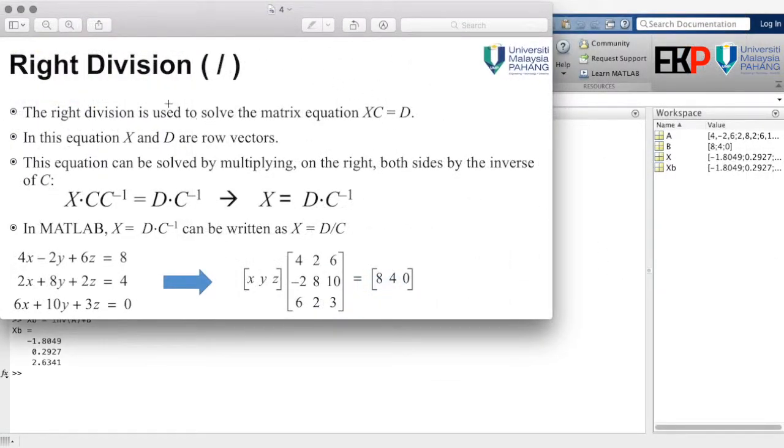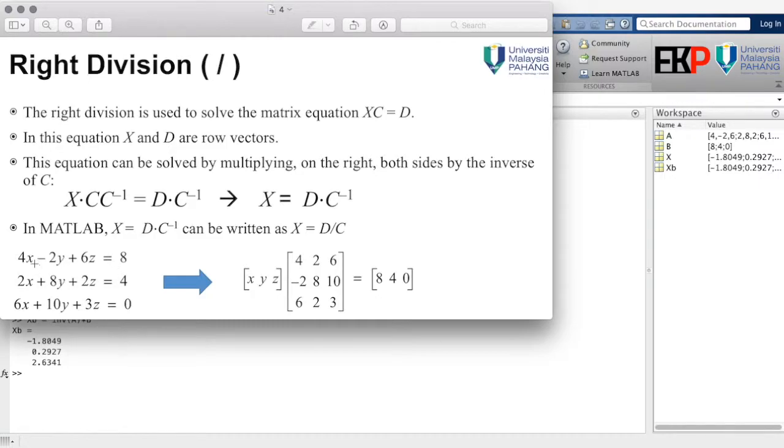Another division in array is right division. This is just the same thing, just that now x and d are row vectors instead of column vectors that we have for the left division. It solves the same equation like what we had previously.